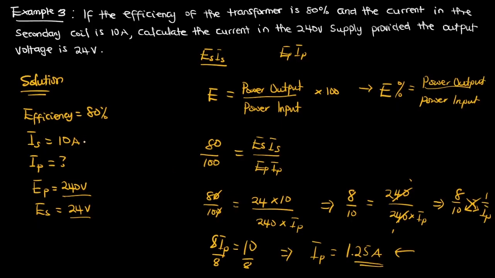Are you okay? So which makes sense, but the number of turns will be more. The number of turns is directly proportional to the EMF, but inversely proportional to the current. So that makes sense. So thank you so much for watching. This is just some few questions on transformers. We'll be looking at more questions, and then we'll move on to the past questions related to transformers.